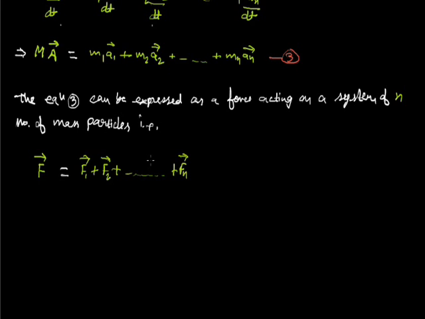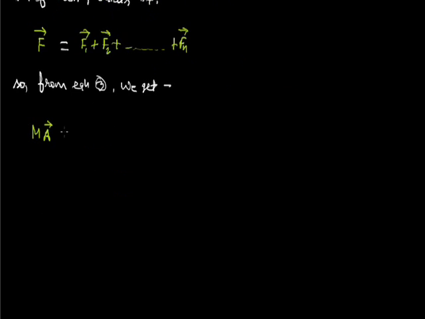That's why here we will consider all the external forces acting on the mass particles of which the system is composed, and the vector sum of the forces applied on the mass particles can be treated as a combined force capital F acting on the center of mass of that system. So from equation 3 we get M multiplied by acceleration is equal to F external applied on that body or system of particles having n number of particles in it.